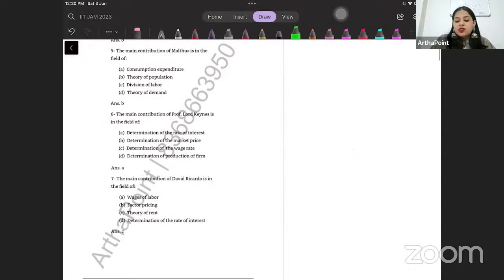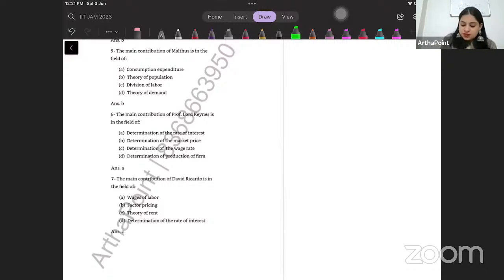The main contribution of Malthus is in the field of. So Malthus is related to the theory of population. Beta sirf aise yaad karna zaruri nahi hai. You should also know what theory of population. So Malthus theory of population basically talks about how human population grows more than the rate of food supply.